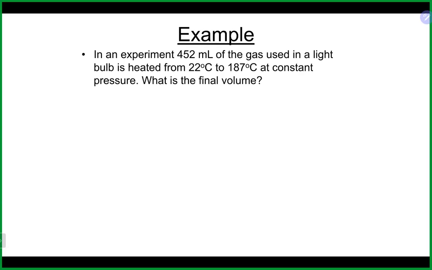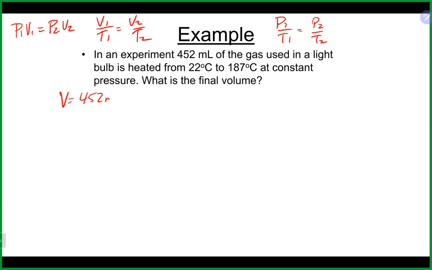Okay, so let's take a look. Now we got a few equations. We got Boyle's, P1 V1 equals P2 V2. We got Charles', V1 over T1 equals V2 over T2. We got Gay-Lussac's, P1 over T1 equals P2 over T2. So once again, if we pull out the information from this problem, we have a volume that is 452 milliliters.